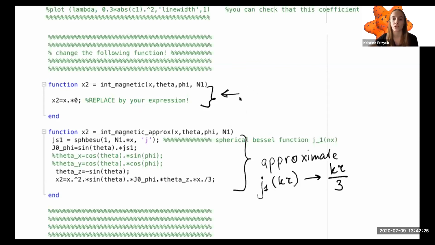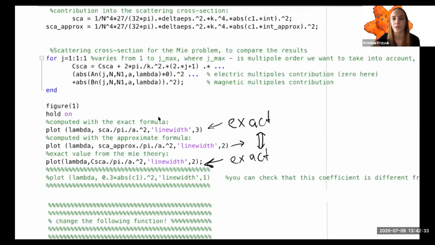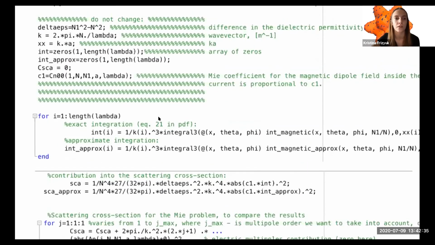And you will obtain the same integral, and after that you just need to run the file and look what happens.